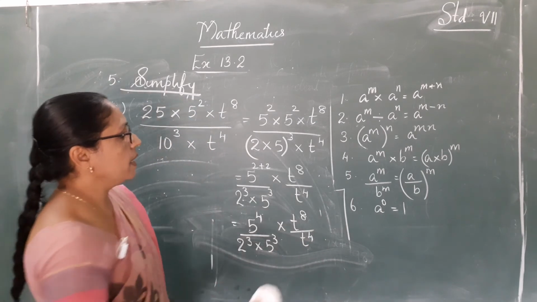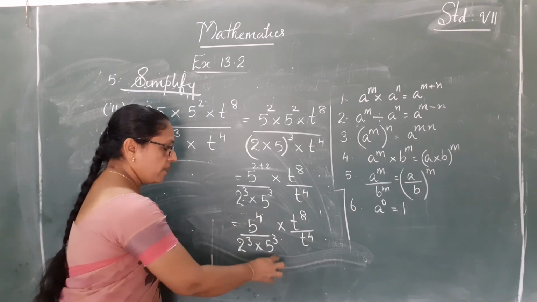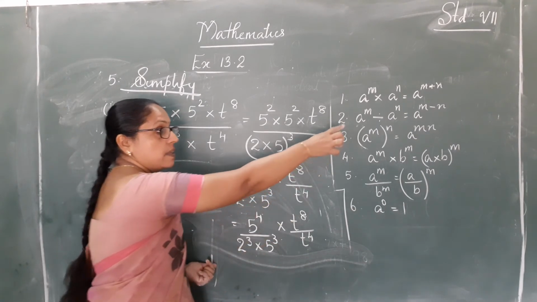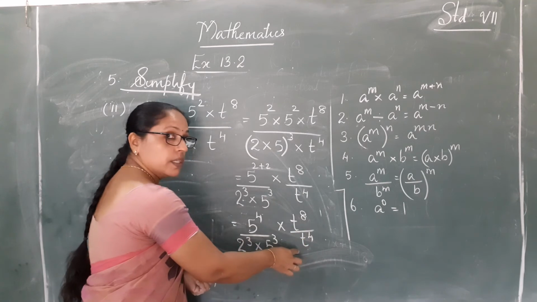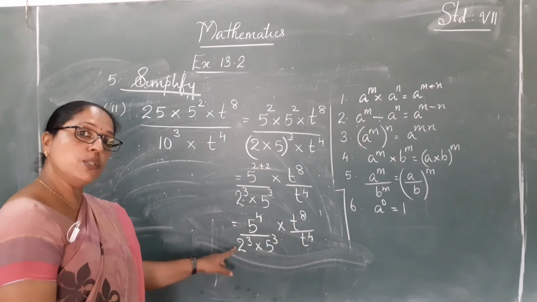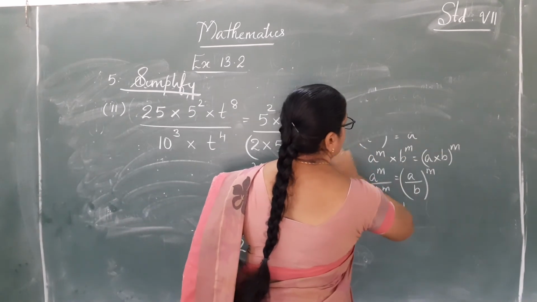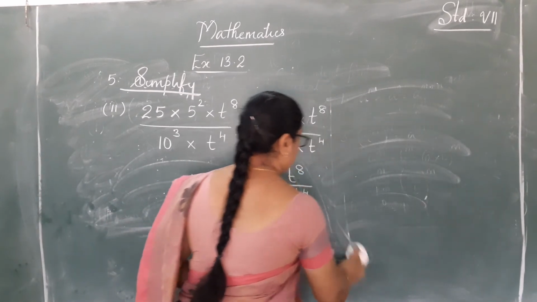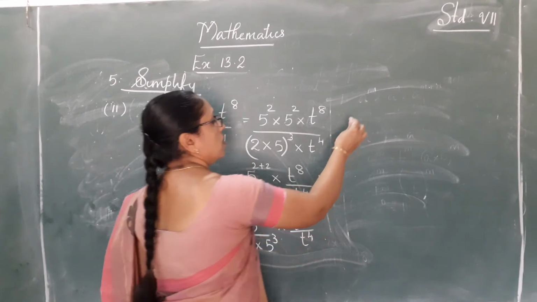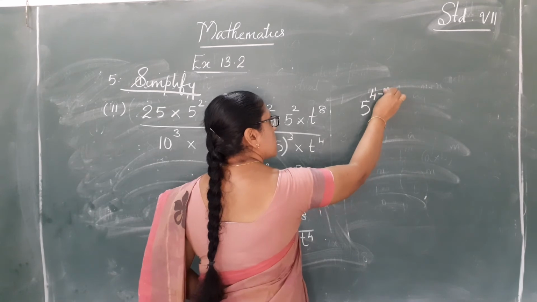Okay, here wherever we can apply law. Look at here, 5 raised to 4 by 5 raised to 3. That is division law. Here also we can apply division law. The only number left will be 2 raised to 3. Okay, so we get 5 raised to 4 minus 3.